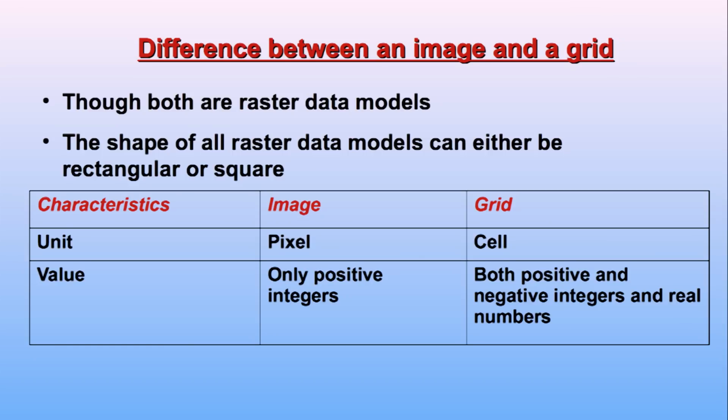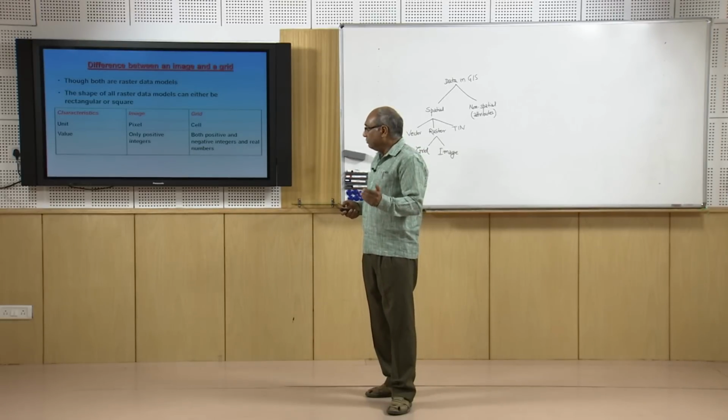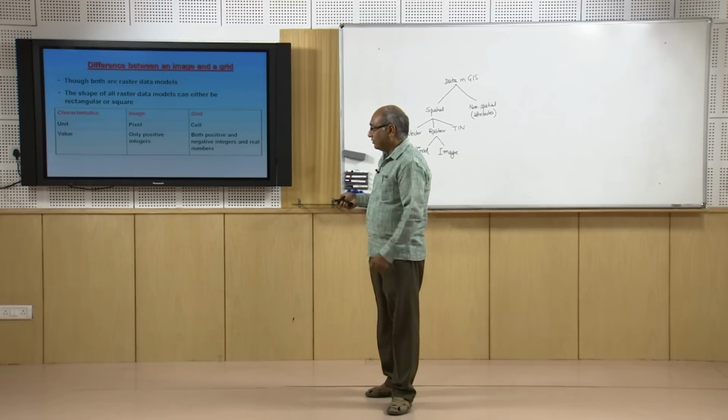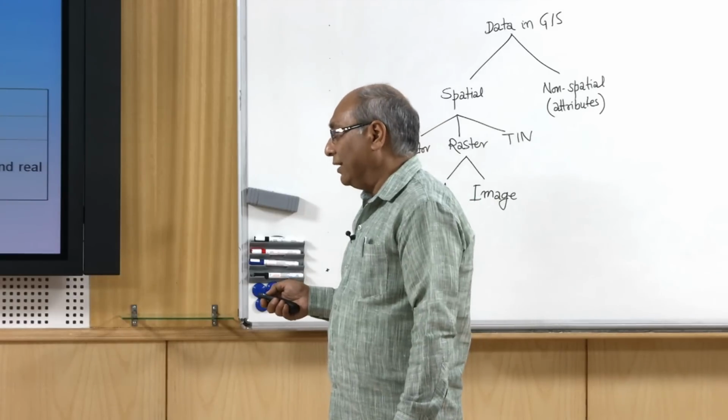In case of an image, the unit we refer to as a pixel, which is an abbreviation of picture element, and in case of a grid, the unit we call a cell. Calling them differently also gives us the advantage of understanding the next characteristic, which is the value of the image pixel or the value of the cell.